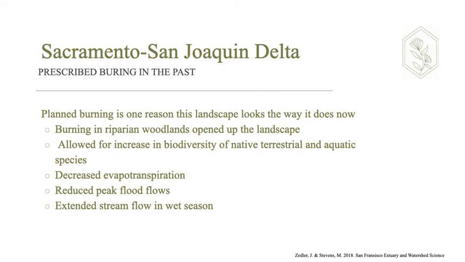Another reason they are so beneficial is that they decrease evapotranspiration, which is the water in soil that's being evaporated. And it also reduced flood flows, which allowed for less runoff and less soil into the waterways. And then it extended the stream flow into the wet season when it wasn't raining as much in California.